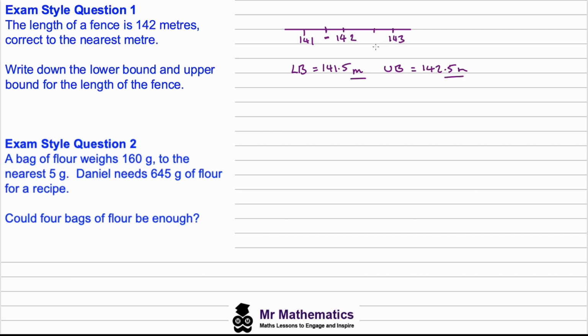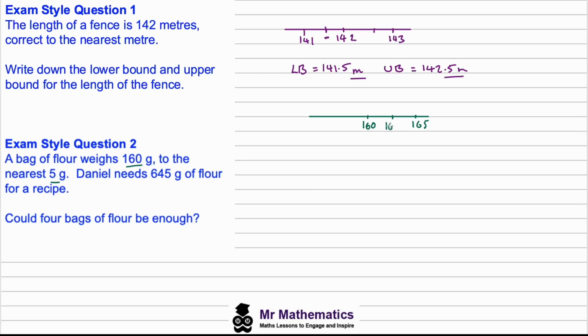Question 2. So the bag of flour weighs 160 grams to the nearest 5 grams. So if we draw a number line again, 160 is in the middle. Now because we're looking at to the nearest 5 grams, the upper is going to be 165, and we want halfway.